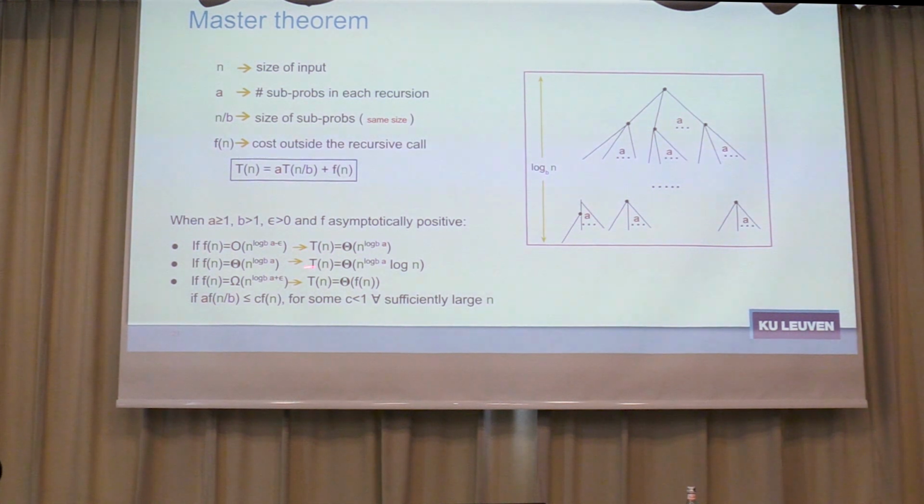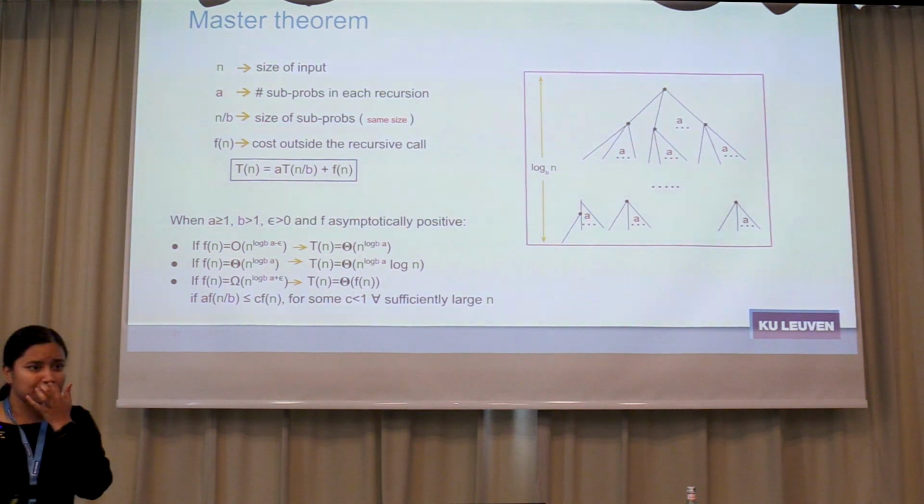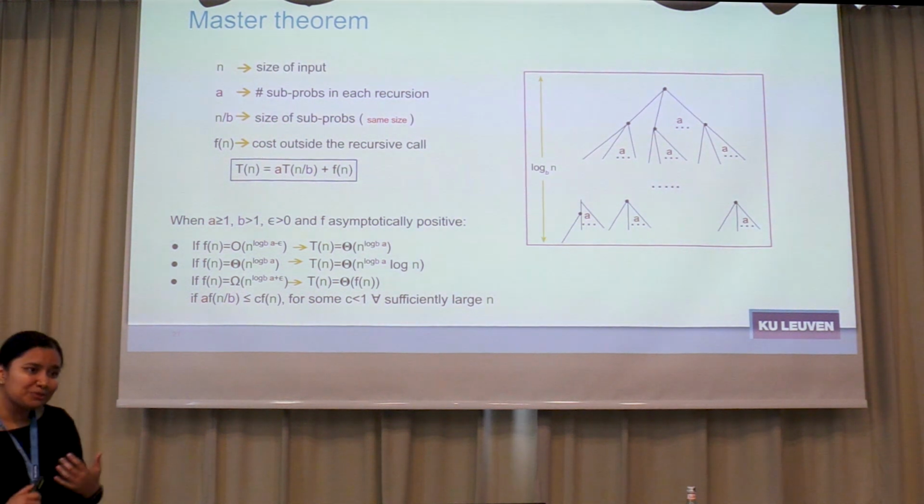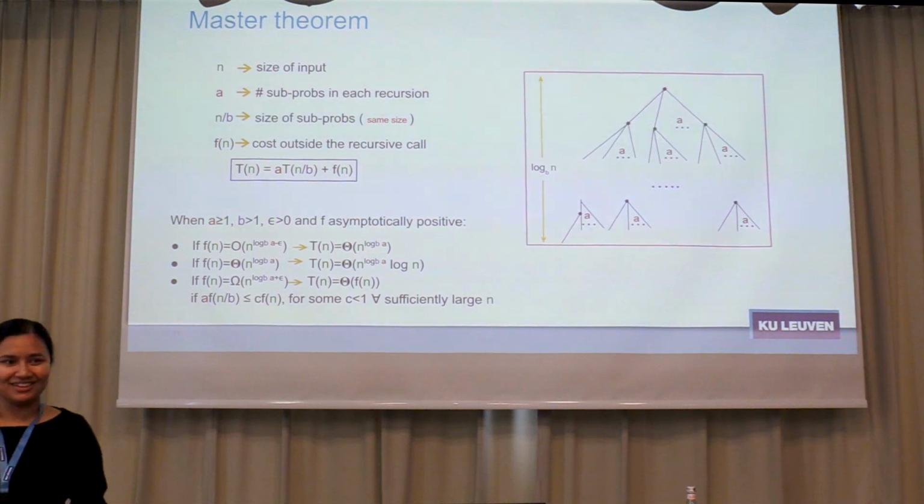For us, this one is the most interesting, when we have a and b equal and our epsilon is 0. Then our complexity becomes this one. It is a tight bound. I'll not use theta, but I will use order, which I'm more familiar with, and I guess you guys as well.